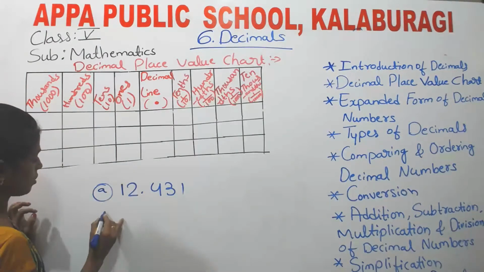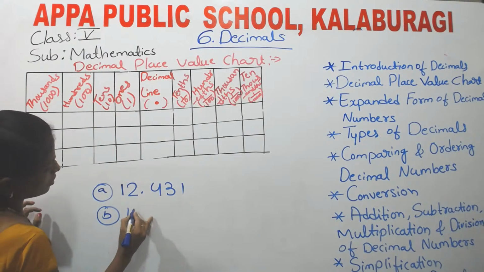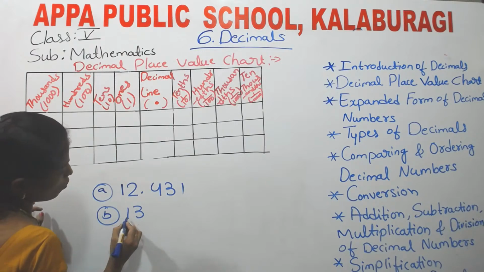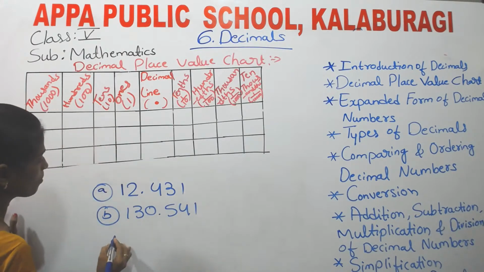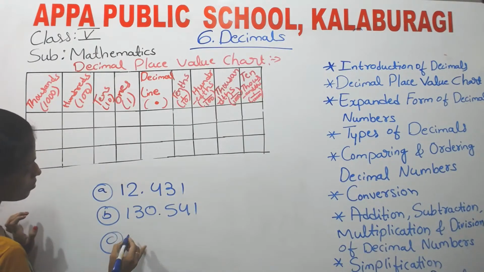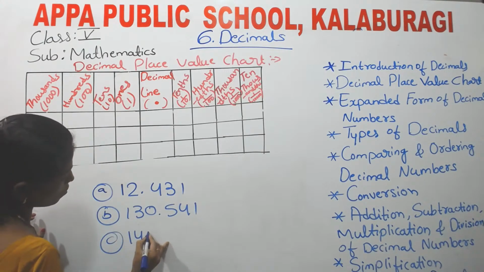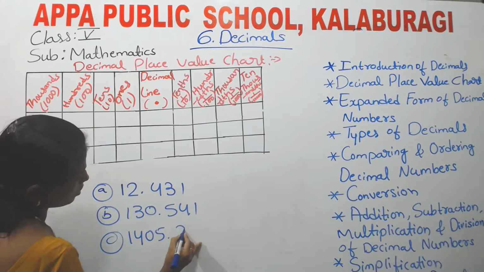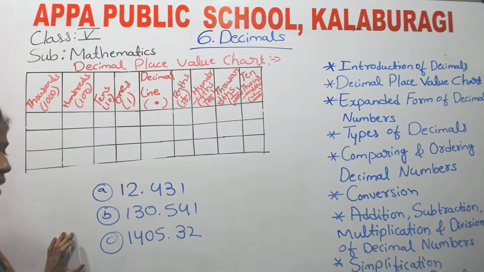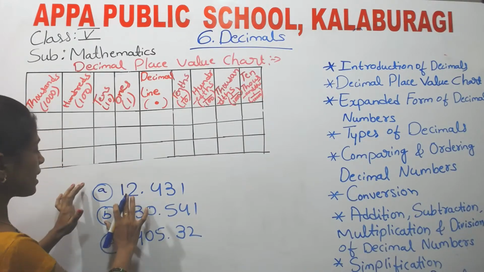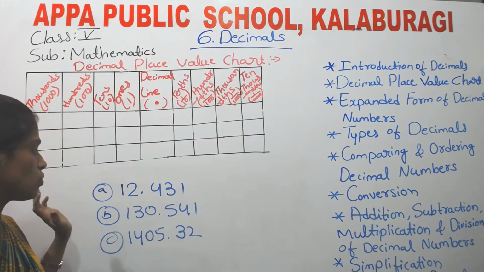Any example you can take. Okay, B: 130.541. Next, C: 1405.32. These are the examples. Any number you can take. Now write in the decimal place value chart.